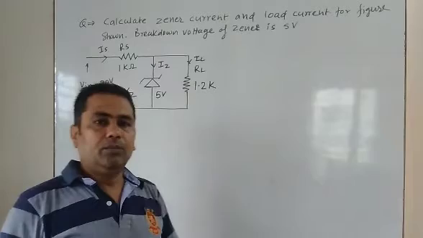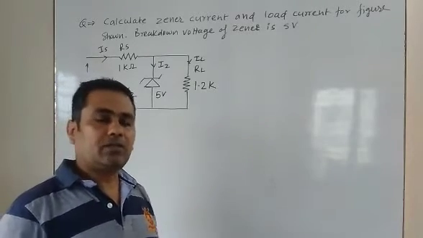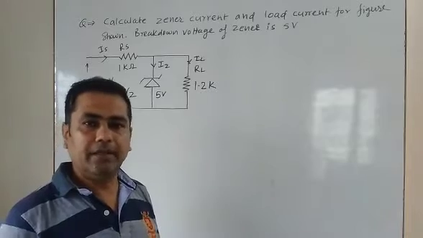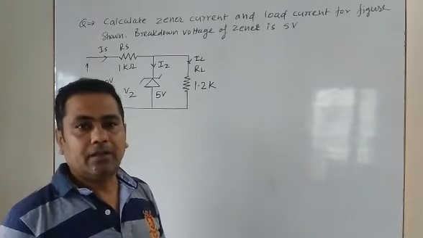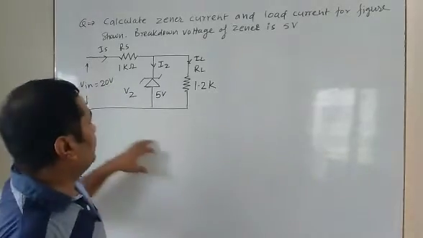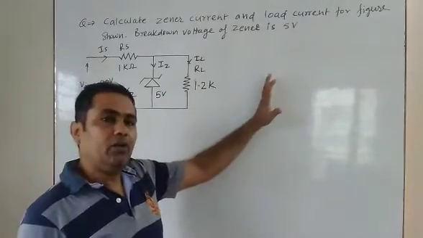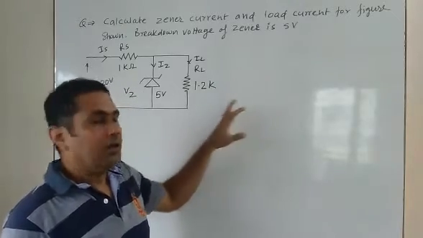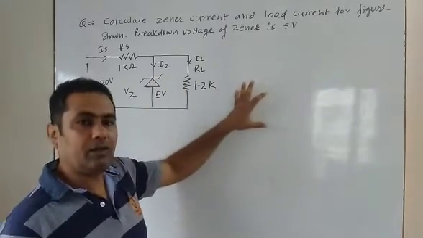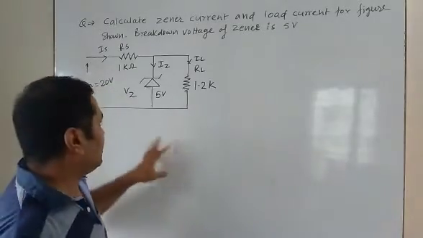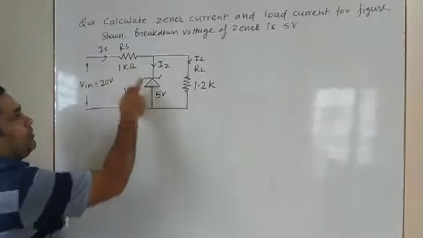Now another numerical asked in the second unit of linear electronics, paper 1, power supply, is the Zener regulator. Whenever any kind of Zener numerical is asked, this Zener regulator numerical can be solved using only two formulas. The first formula is to apply KVL here.